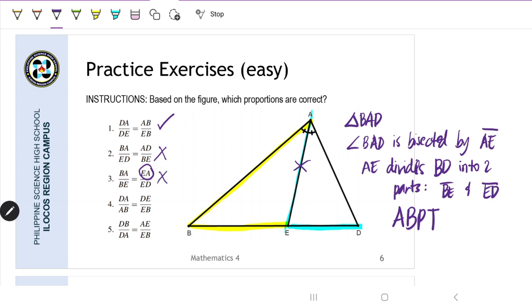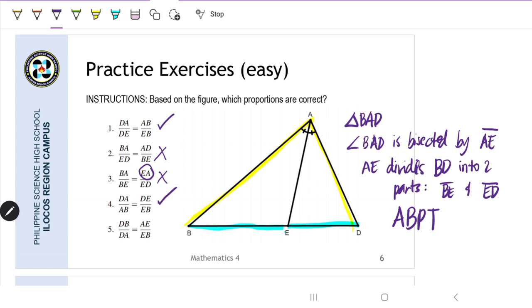So number 3 is also incorrect. For number 4, DA over AB is equal to DE over EB. And this is a correct proportion.